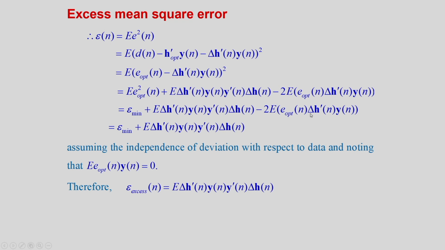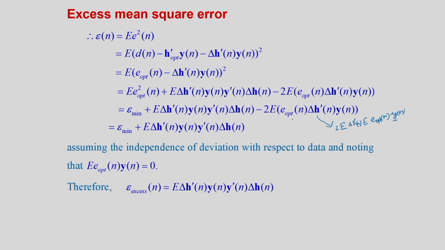assumption. We can write this deviation; first, this expression is equal to twice E of delta H n transpose into E of e n into y n vector.